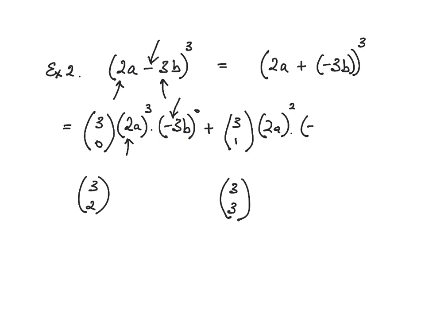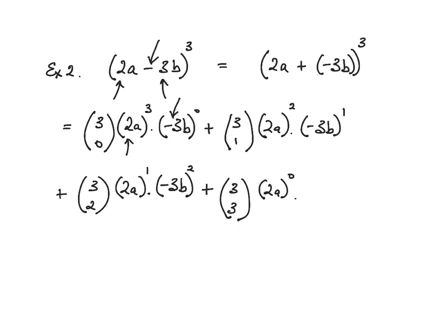Then minus 3b to the power of 1 plus 2a to the power of 1 minus 3b to the power of 2 plus 2a to the power of 0. You might in fact want to leave out the terms which are to the power of 0. I'm putting them in to make it clear what's going on. Then minus 3b to the power of 3.